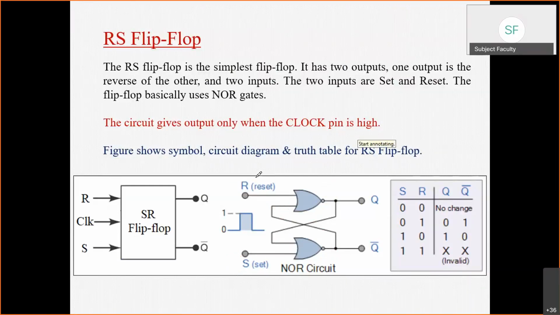Easily observe that whenever the input combination is 1, 0, I'm getting the output as 0, 1. So this second case is verified. Have you understood what we have done?